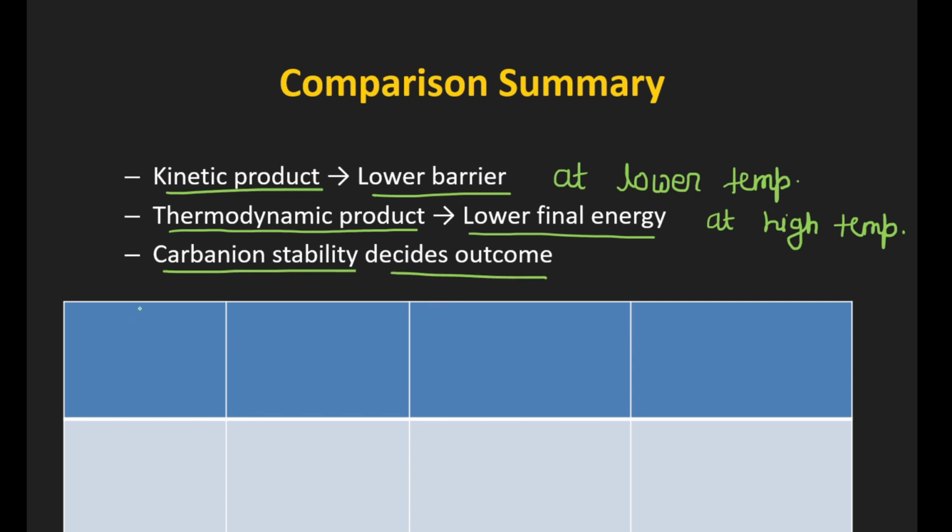Okay, so if you make a comparison summary, the kinetic control happens at lower temperature like minus 78 degrees centigrade, and you get the less substituted product. Why are you getting this product? Because this time the reaction is fast and the base attacks the most accessible site.